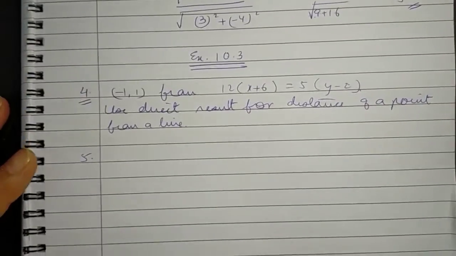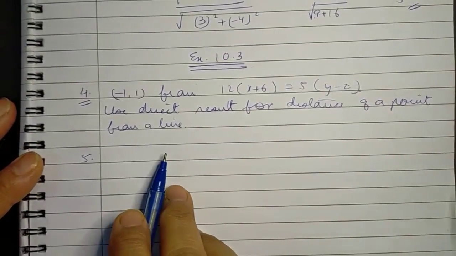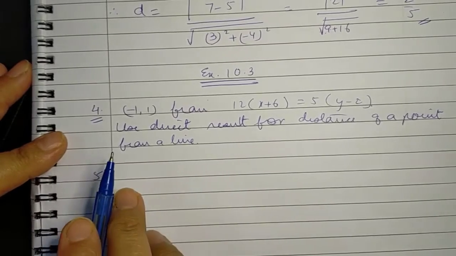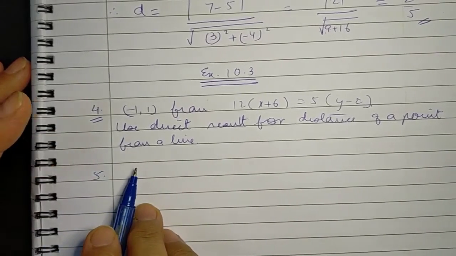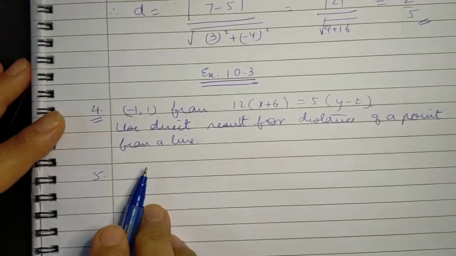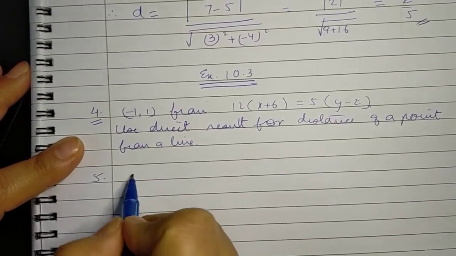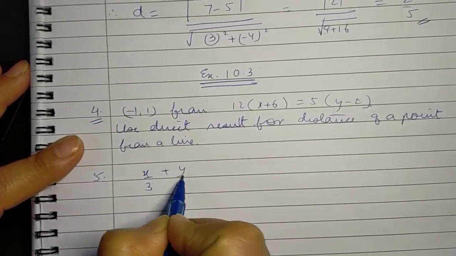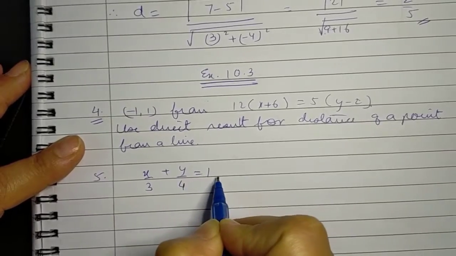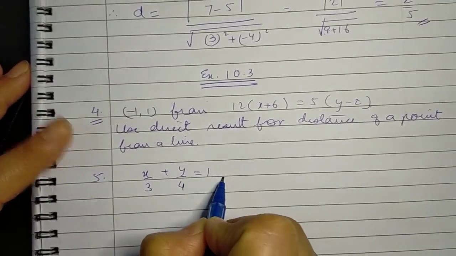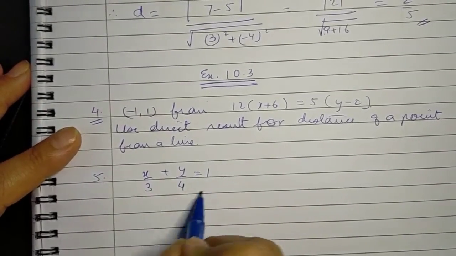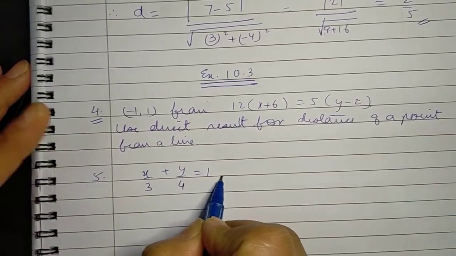Now question number 5. It says that find the points on the x-axis whose distances from the line x by 3 plus y by 4 equal to 1 are 4 units. So the equation of the line is given to us as this.